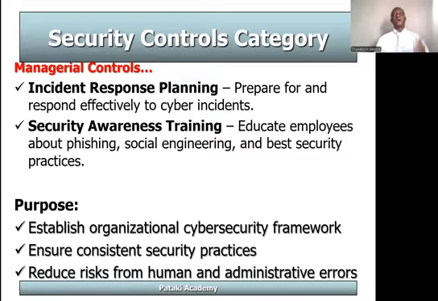All these are under managerial control. What is the purpose of managerial control? It establishes an organizational cybersecurity framework. It is to ensure consistent cybersecurity practice. It is to reduce the risk from human and administrative error.